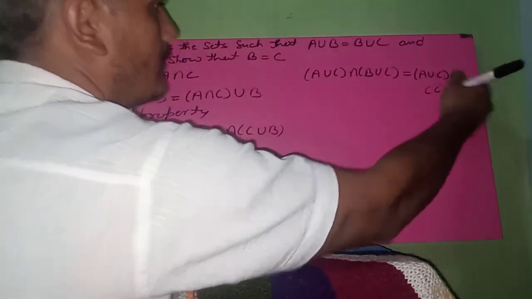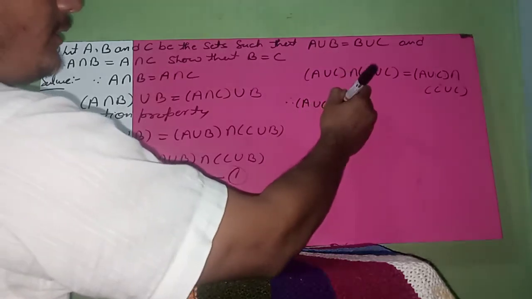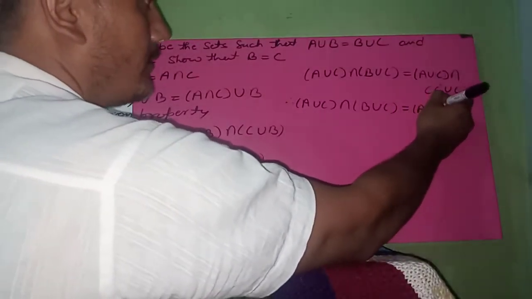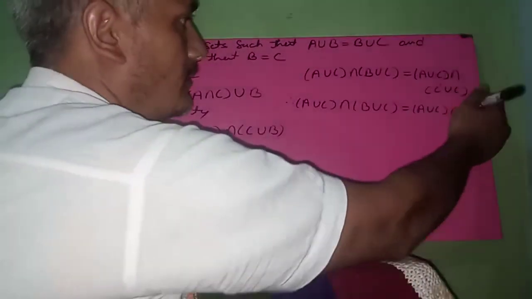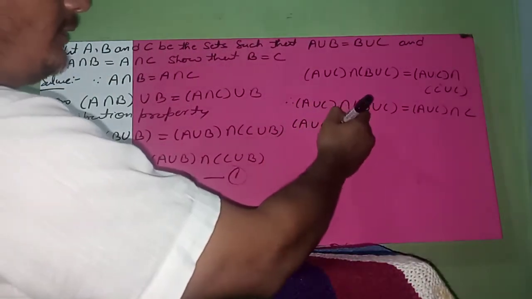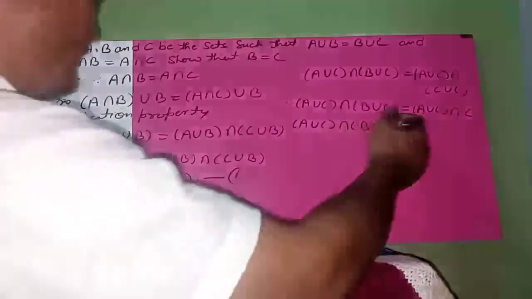C union C. Now so that A union C intersection B union C, OK, equal A union C intersection, what is C union C? C union C is C.